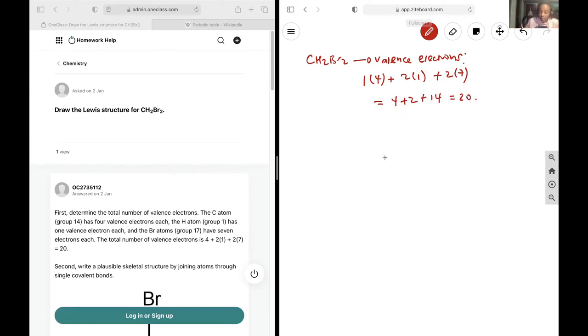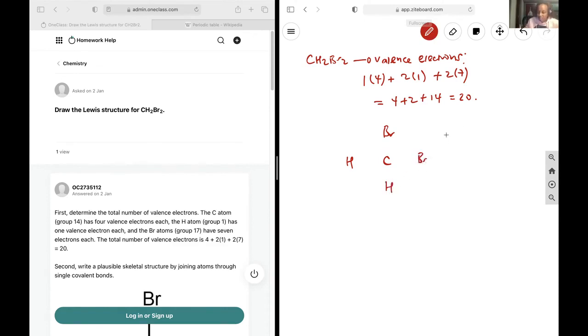Now let's figure out how to distribute them. You may be wondering why I chose this configuration specifically and not, for example, Br here.